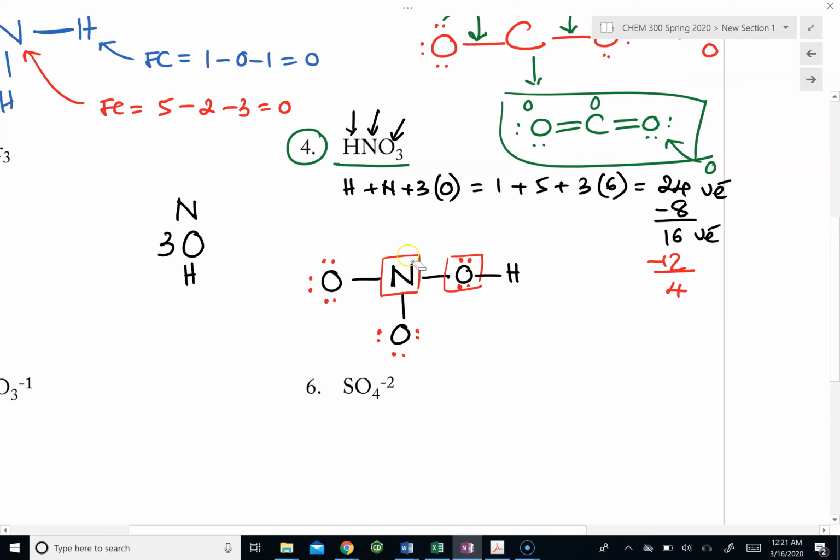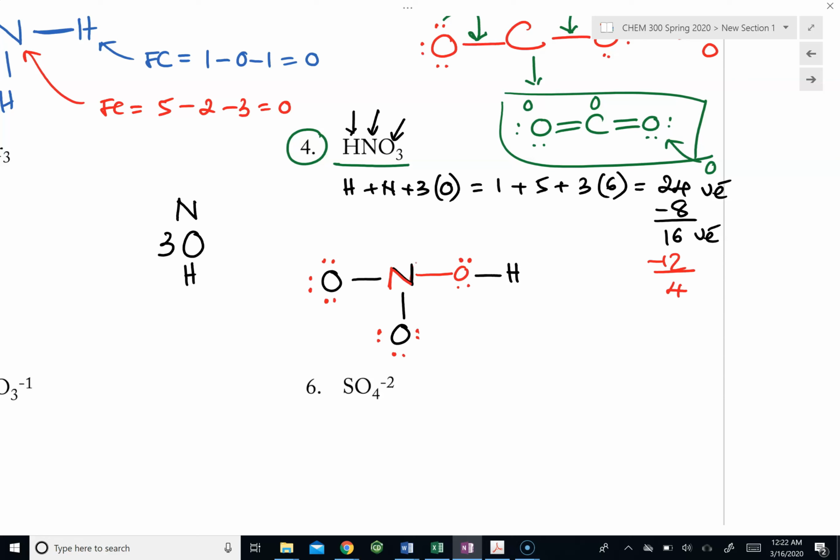Next, if we inspect our structure, we would see that the nitrogen does not have an octet of electrons yet. Let me draw the structure that I erased again. And here it is. You can see our nitrogen does not have an octet yet. So we now need to move 1 lone pair of electrons from one of the oxygen to form a multiple bond to this nitrogen.